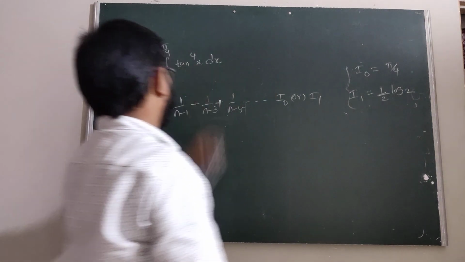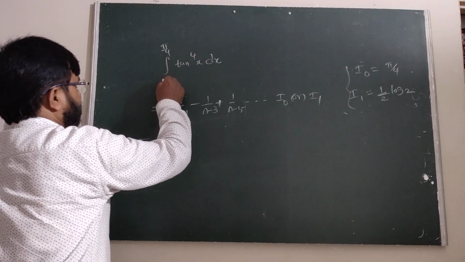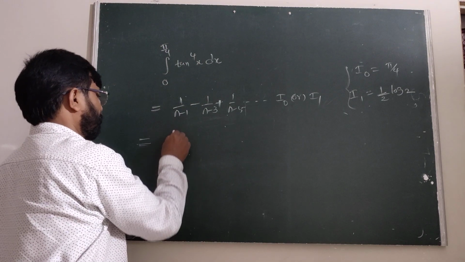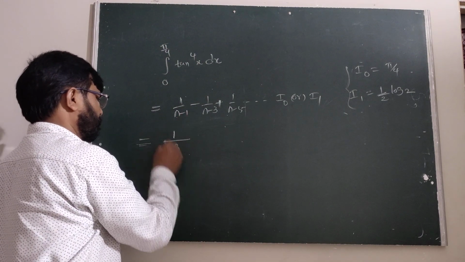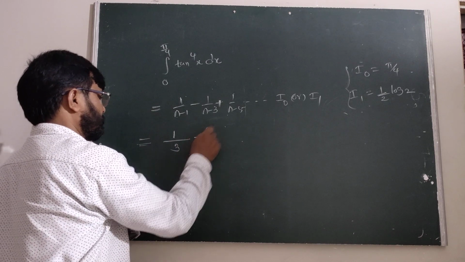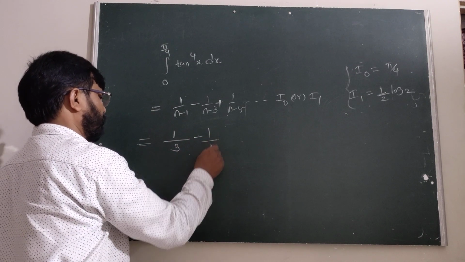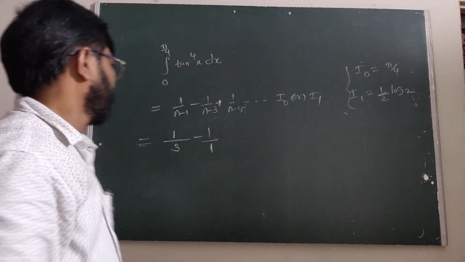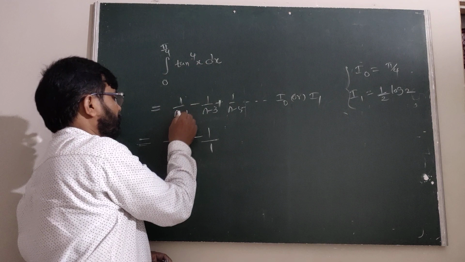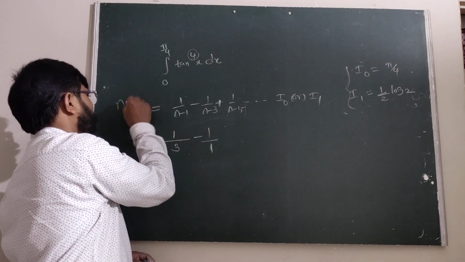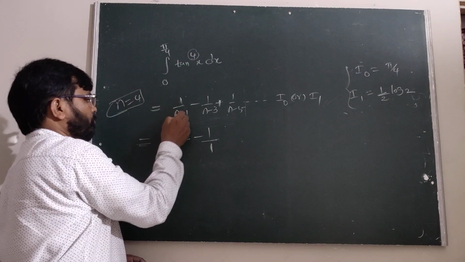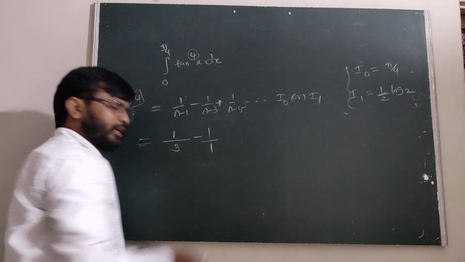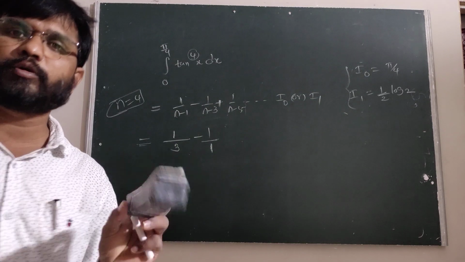Now here we have to find the integral 0 to pi by 4 tan power 4. First you can write 4 minus 1, 3. After that minus, 3 minus 2 is 1. We write only for the positive values. When n is 4, 4 minus 1 is 3, 3 minus 2 is 1. Again 1 minus 2 we got negative. We have to take up to the positive values.